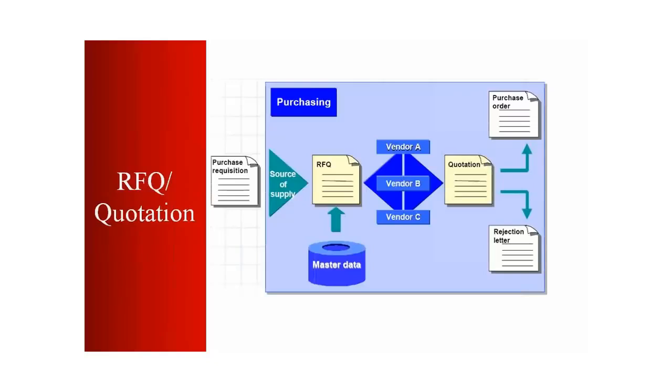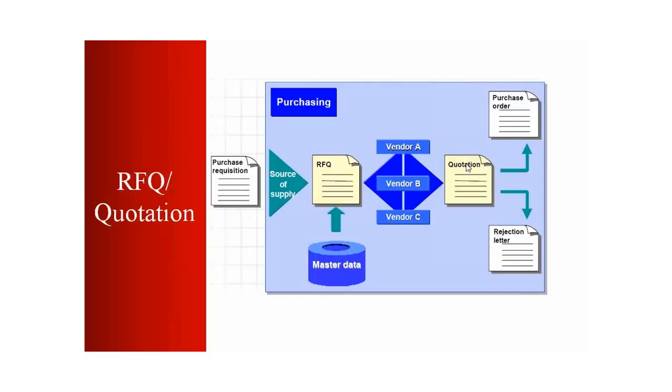Request for quotation, as I said, is a document we use when we get a requirement from the business and need to find the right vendor. So I will ask vendor A, vendor B, vendor C to give me the best price, and once they provide the quotations, I will find which is the right one for me, select one of them, and reject all others.